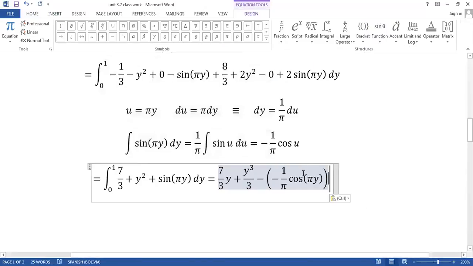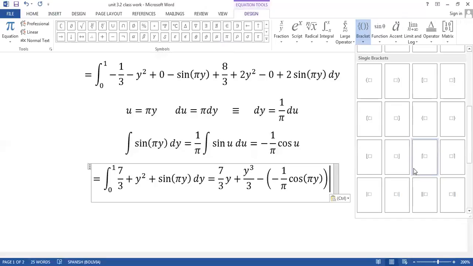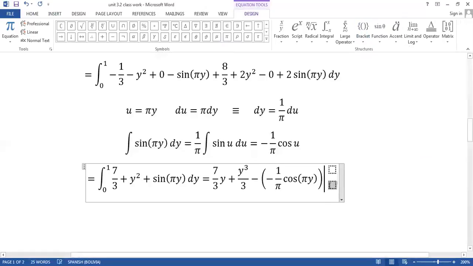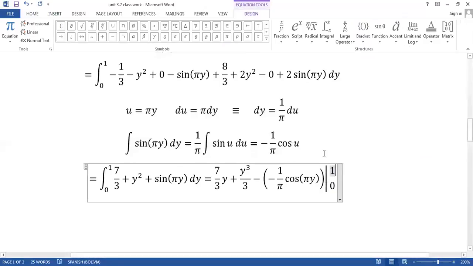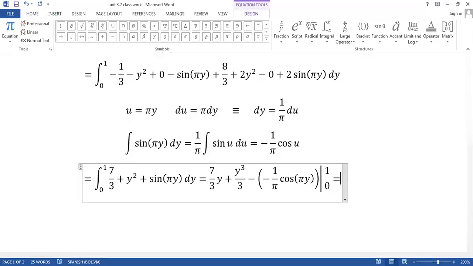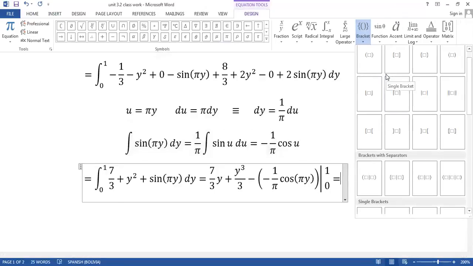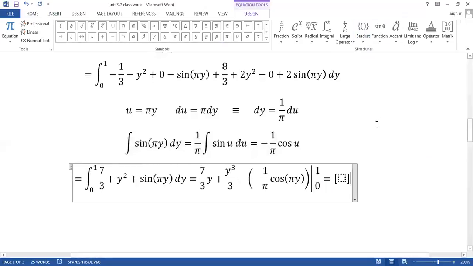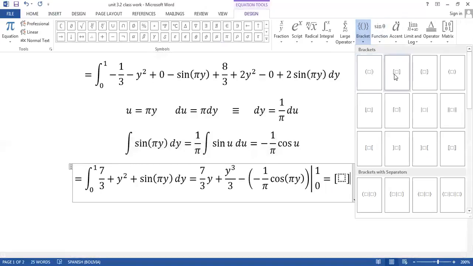Paste. All right, and we are evaluating that now from 0 to 1. That is now equal to, all right, so at y equals 1, let me put in some parentheses here, and another one.